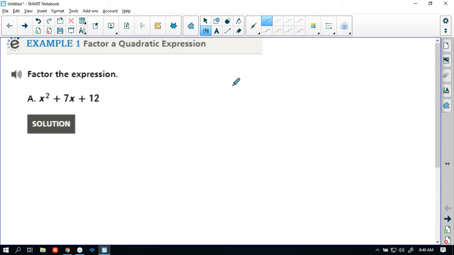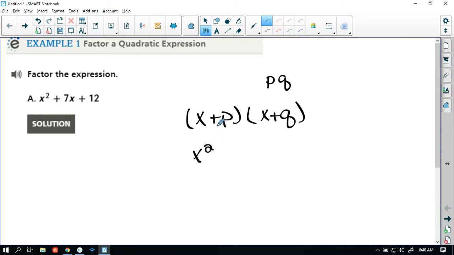So looking at this, I'm going to do the P and Q, or basically any letters. If I were to have x plus P times x plus Q, and I were to do FOIL on this, I'd have x squared.